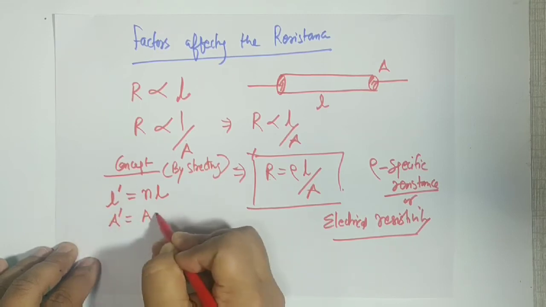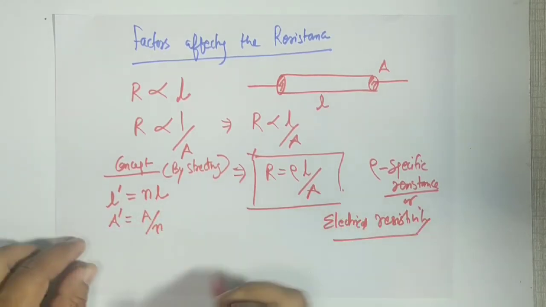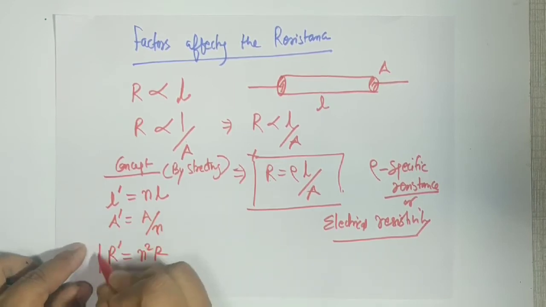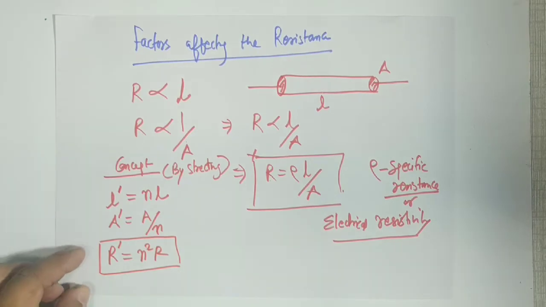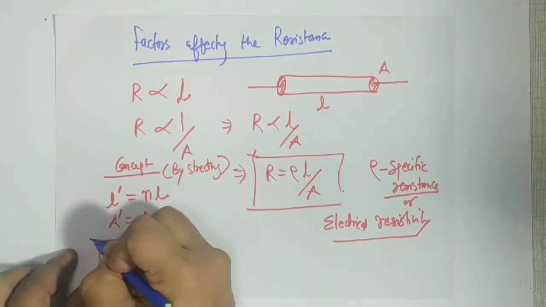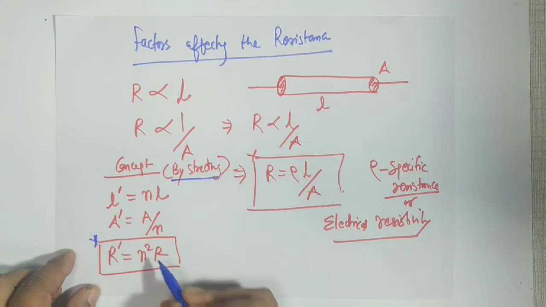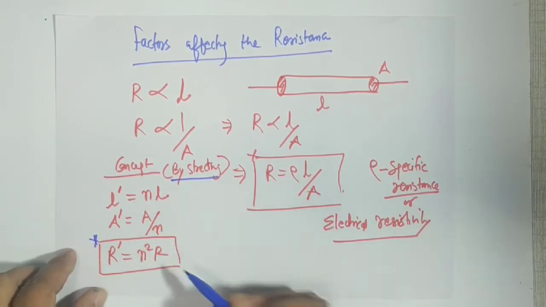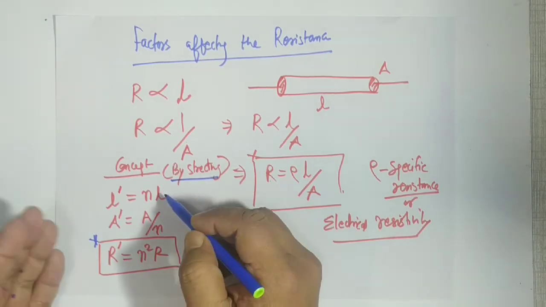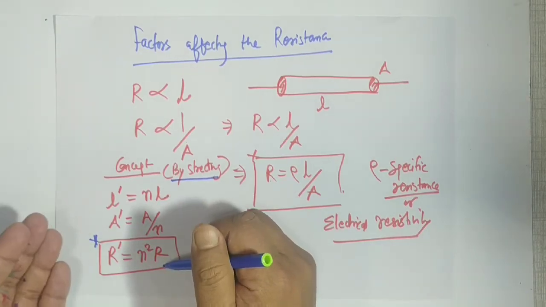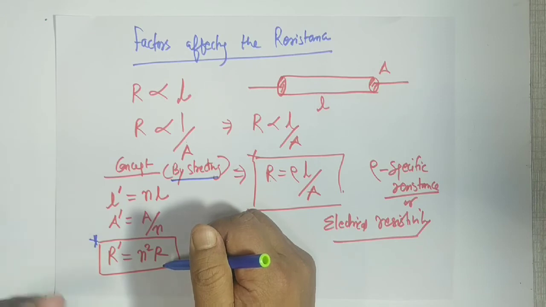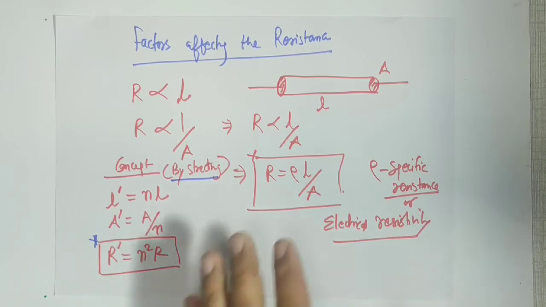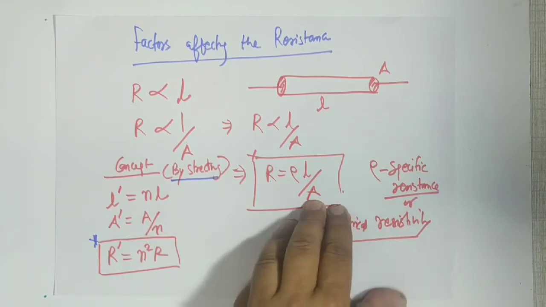A dash, the area, will become A by n when you stretch it. Do you know what R dash will be? It will be n square R. Remember, this is a very, very important concept. It happens while you are stretching a wire. If the length is n times L, A dash becomes A by n. Then if you increase the length to twice, remember the question, the resistance becomes 4 times. So this is the factor affecting resistance.